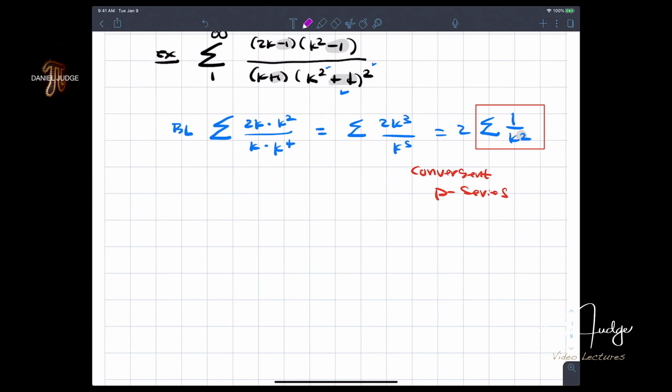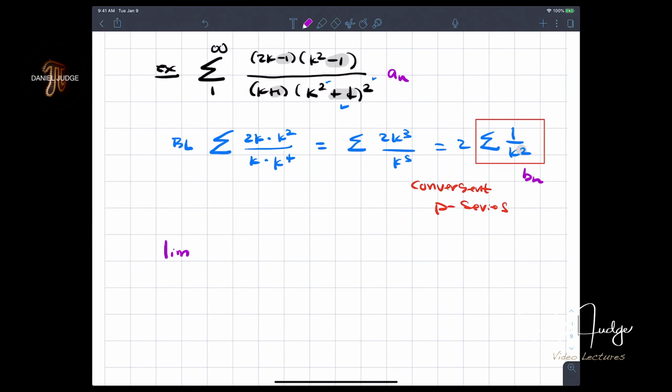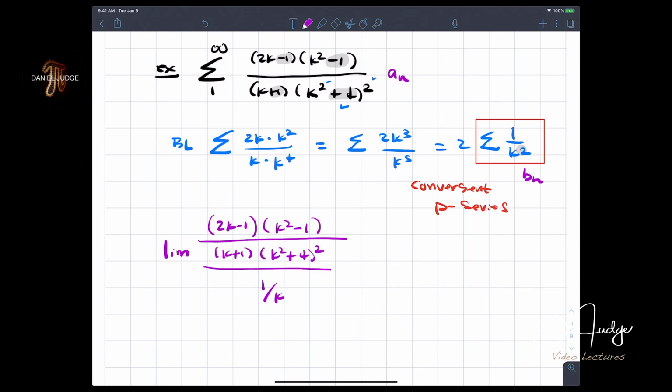This is going to be some algebra. Here's my a_n, here's my b_n. We're going to keep that kind of simple. So by the limit comparison test, what's the limit here? Limit of a_n, (2k minus 1)(k squared minus 1), everything over (k plus 1)(k squared plus 4) squared, divided by 1 over k squared.